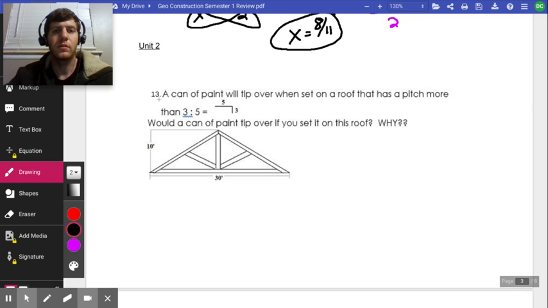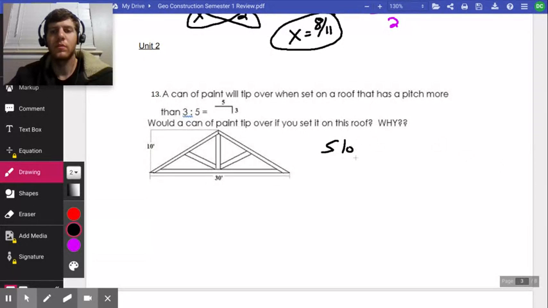So starting at number 13 here, it says a can of paint will tip over when set on a roof that has a pitch more than 3 to 5. Okay, so our pitch is our slope, which is rise over run.